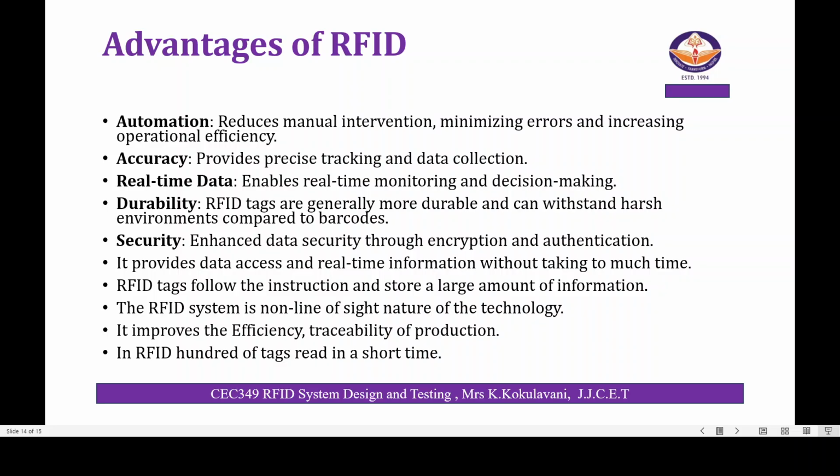So we are using automation through RFID technology. Accuracy provides precise tracking and data collection. If we use RFID signals to track an object, it will be very clear, and we can collect data and store it in the database easily.